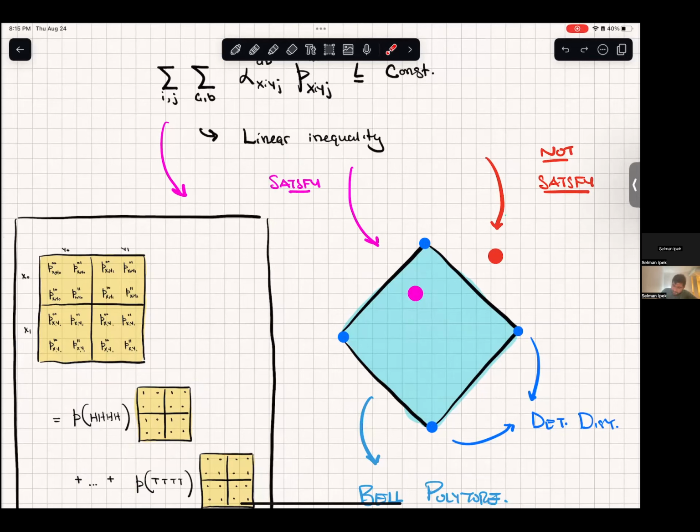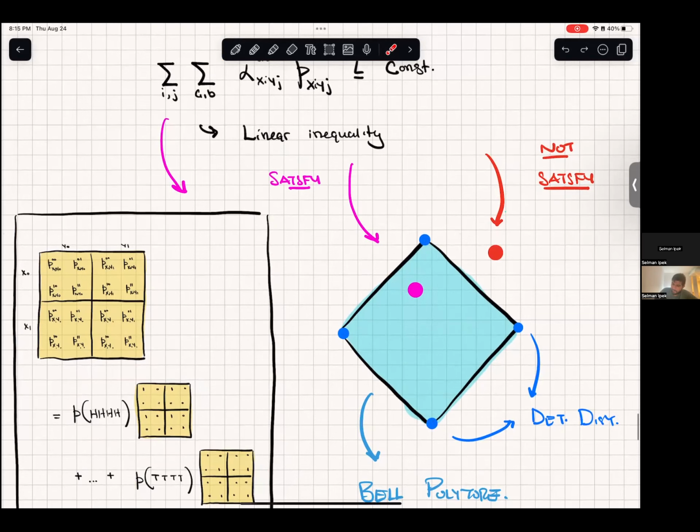And so if you satisfy the Bell inequalities, you are inside of this set, inside of the so-called convex hull, which we call the Bell polytope. The inequalities will be something like these faces, they determine the outermost part of this set of possible classical distributions. And if you do not satisfy any one of these, then you're outside, and we call it non-classical.